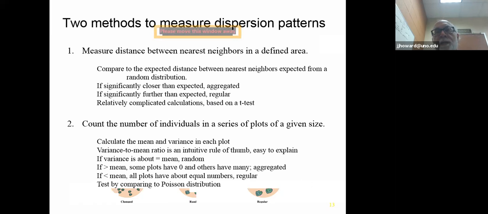So if you have 100 plots and you see that there are 20 plots with 0 individuals, you can use the Poisson distribution to ask, how many do you expect to have 0? And then you can use a chi-square test to calculate the difference. So we're not going to do that. We're just going to look at how the variance to mean ratio works.